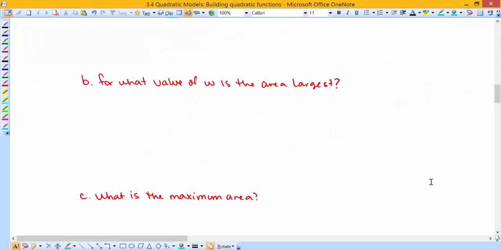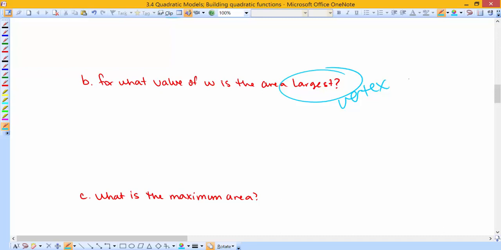So for what value of W is the area largest? Largest. Hold on, let me get the pen working. Largest. It's still not wanting to work. There it goes. I'm going to deal with vertex.